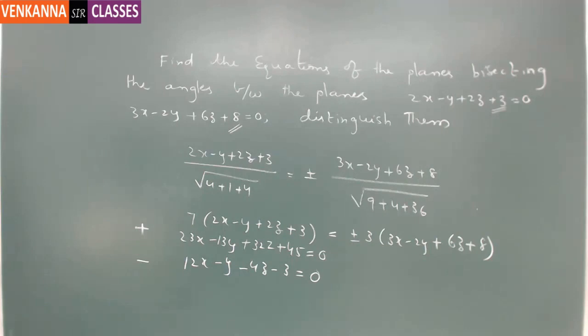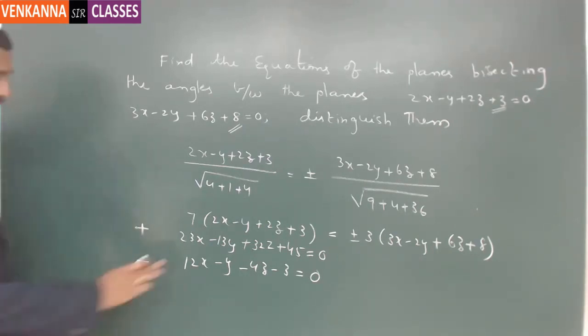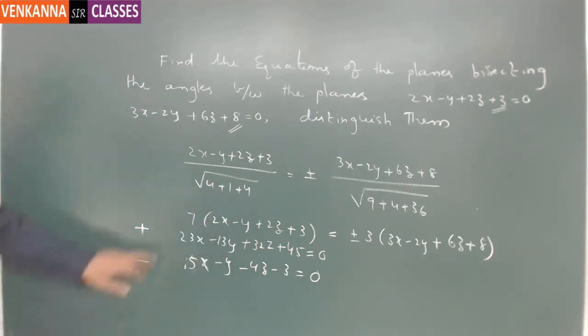All right. So 5x minus 5 minus 4z minus 3 you are saying here, right? So these two are correct now, right?